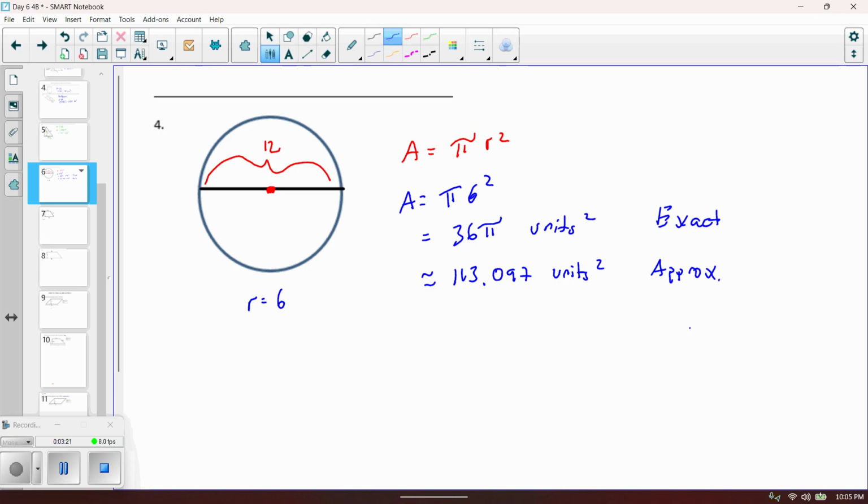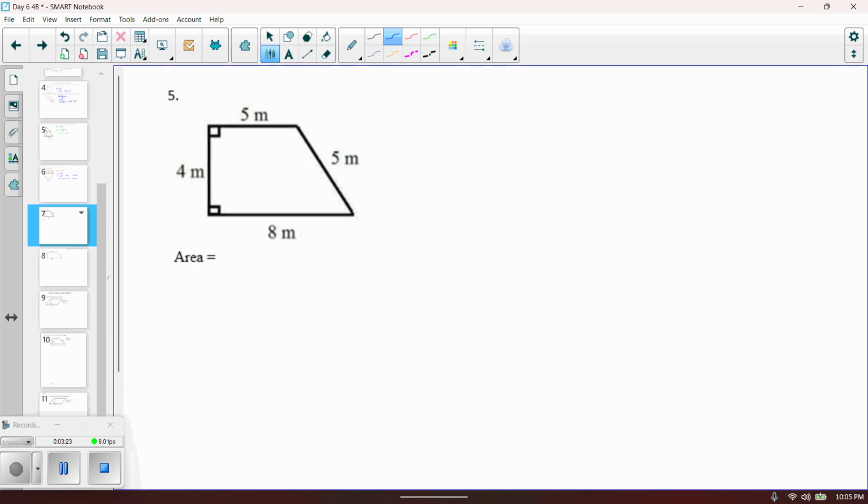Okay, the next one. Hopefully we recognize this one to be a trapezoid, because remember, a trapezoid has two parallel sides. That side and that side are parallel. The other two sides are not parallel. The area of a trapezoid, again, looking at your formulas, is 1/2 the sum of the two bases times the height.